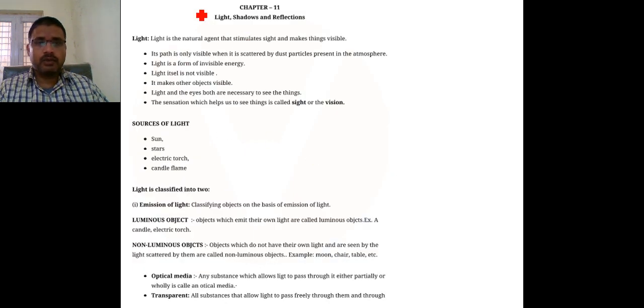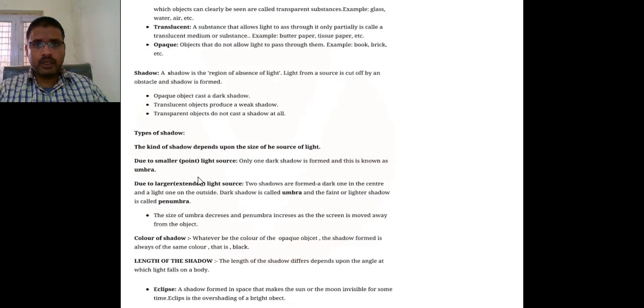All the notes are given here: luminous objects, non-luminous objects, examples, translucent objects, how shadows are formed, and the kinds of shadows. The color of shadows is always black, as already told.